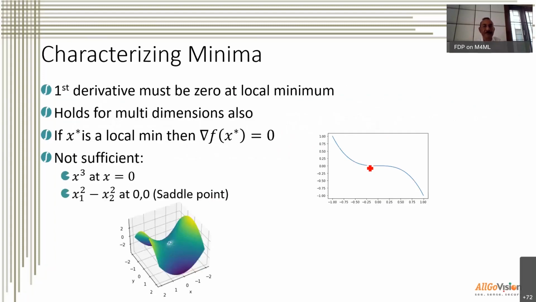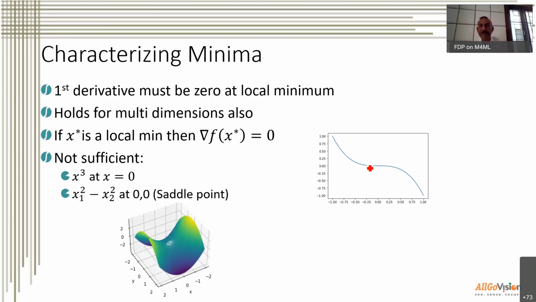As we see, if I want to characterize minima, the first derivative must be 0 at a local minimum. And why is that? Assuming that the first derivative is not 0, let's say we are talking about just a one-dimensional problem, and let's say the first derivative is positive.